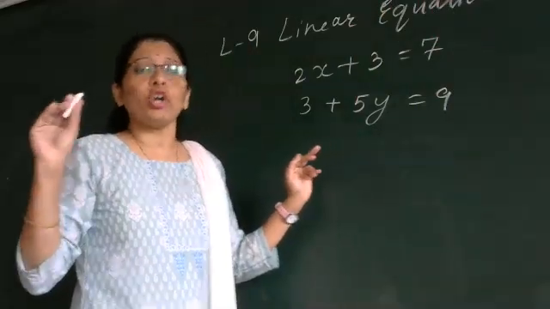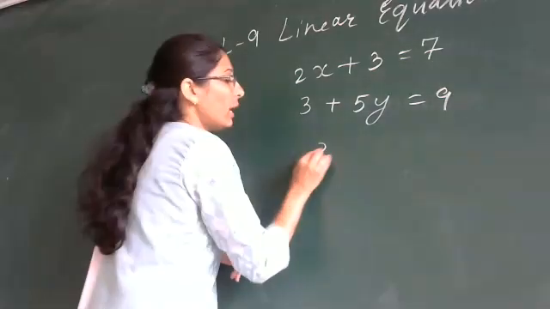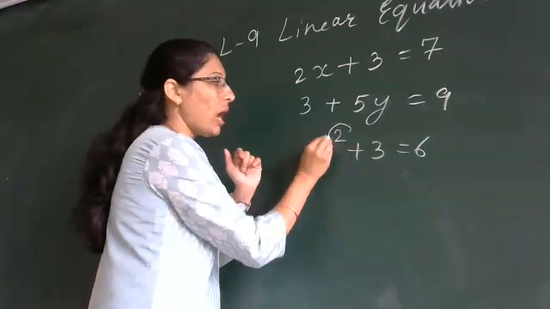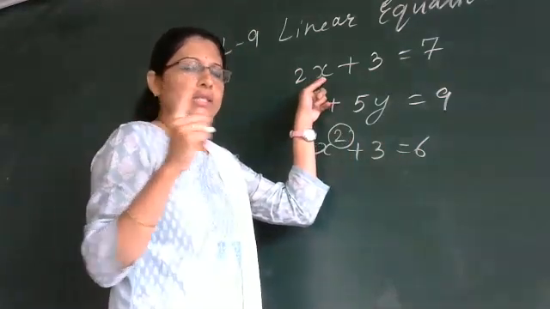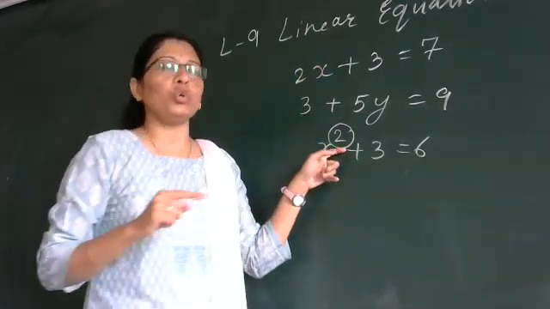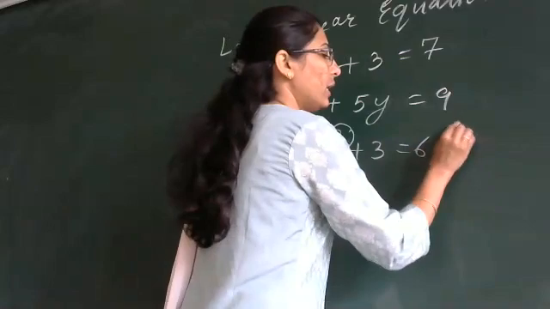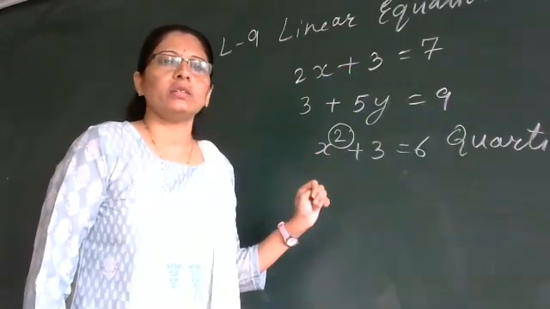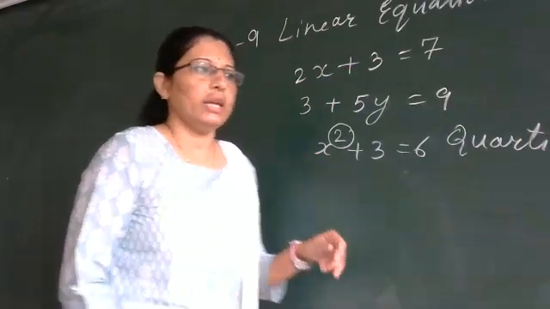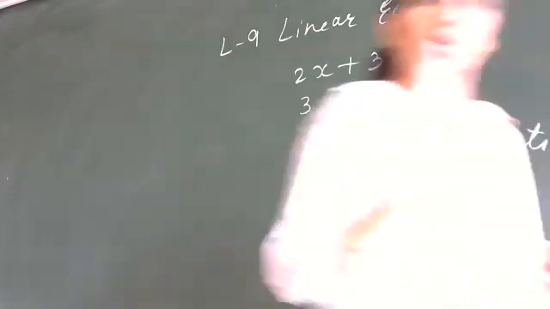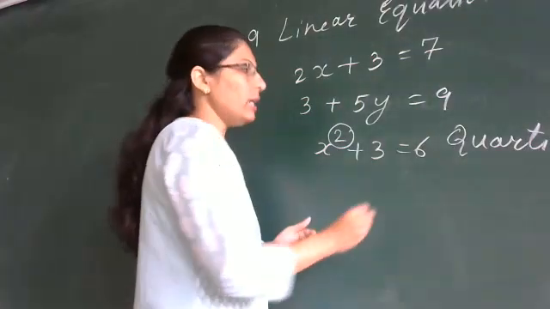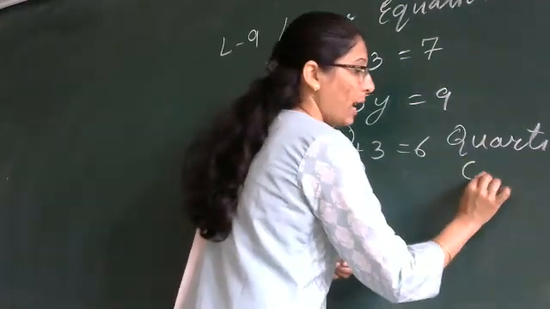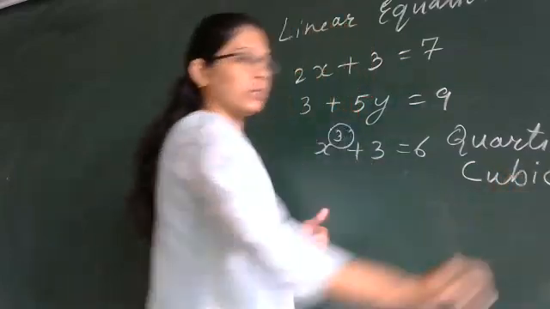Now just for knowledge, x square plus 3 has power 2. Having power 1 is linear. Having power 2 is known as quadratic equations. If any equation has power 3, such equations are known as cubic equations.